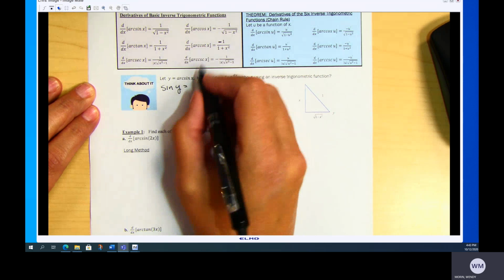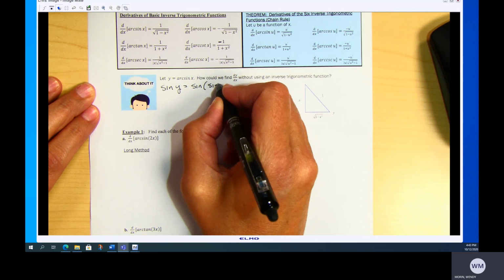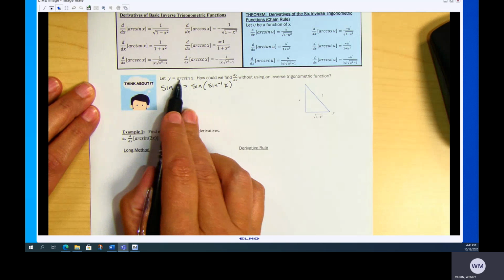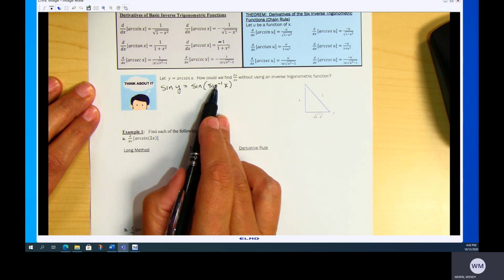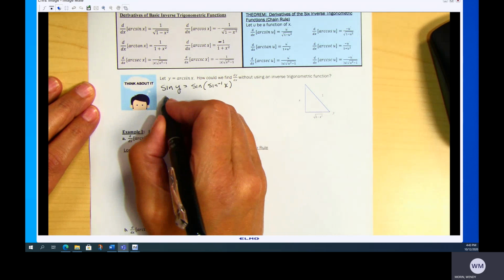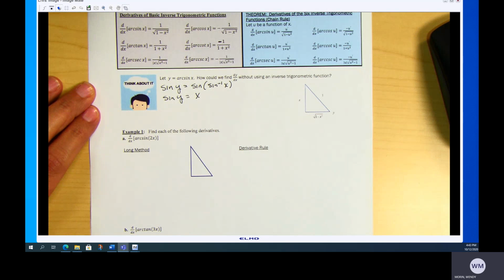Remember this notation, arc sine or inverse sine of x, same thing. So these two undo each other, if you recall. So we have the sine of y equals x.